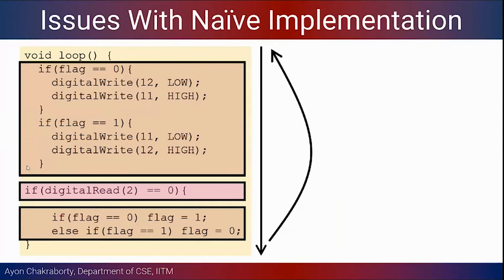The digital read is just one part of the set of instructions when it is executed. These are a series of instructions. If you really look at the assembly code, you will see there is a series of instructions, and within that there is only one instruction that is trying to read the value that is set in pin number 2.